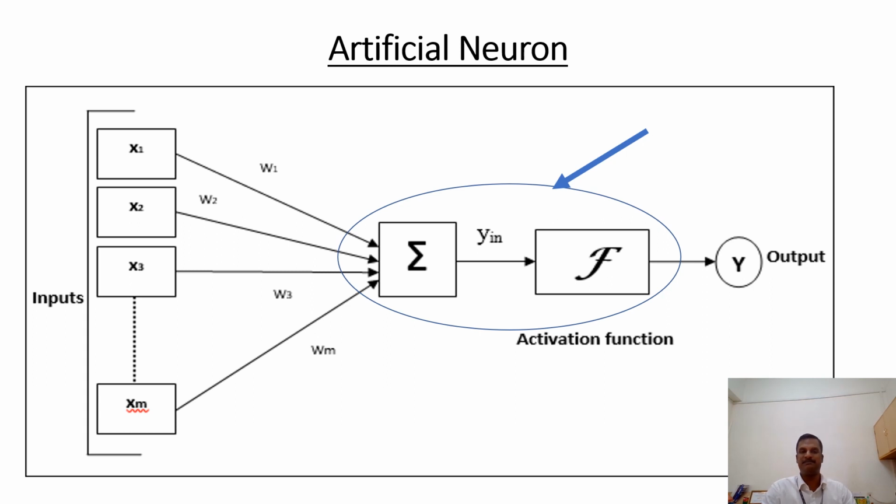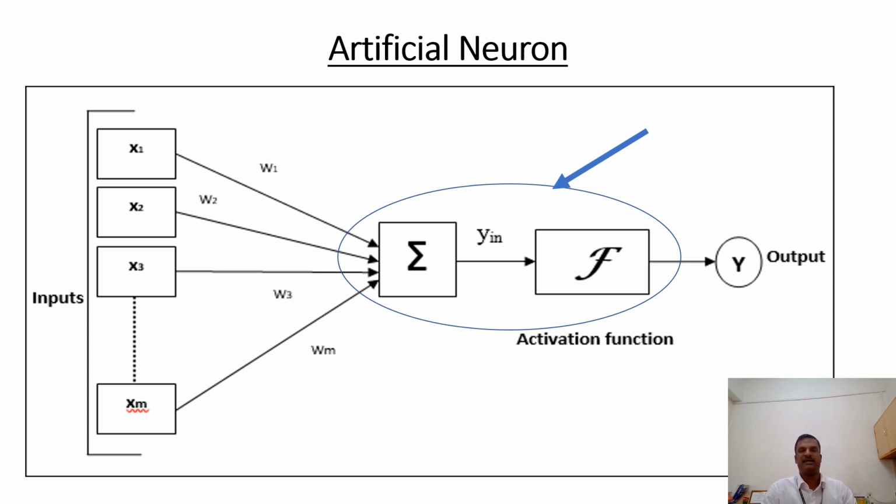But the only missing piece in this structure is the alphabet W. What is this W all about? It is called weights. Why do we connect these weights with the inputs? Remember, I have already told that all the inputs are not necessary to take a decision. Some inputs are extremely important, some inputs are partially important, and some inputs are not at all necessary.